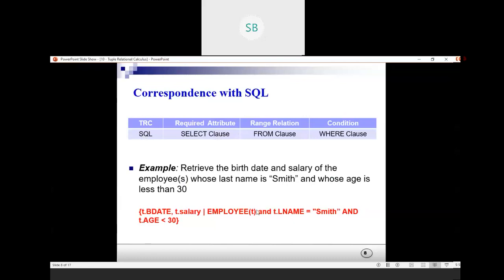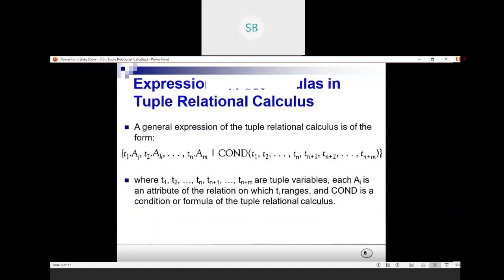So we can represent it in SQL, like select birth date, salary from employee where L name equal to Smith and age is greater than 30. That is how we go for SQL queries.